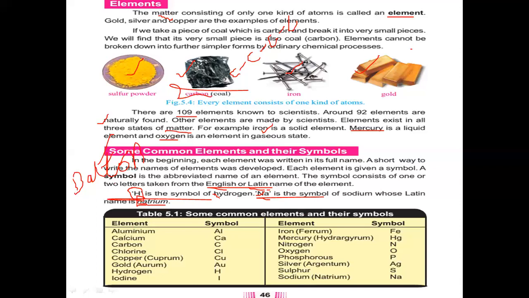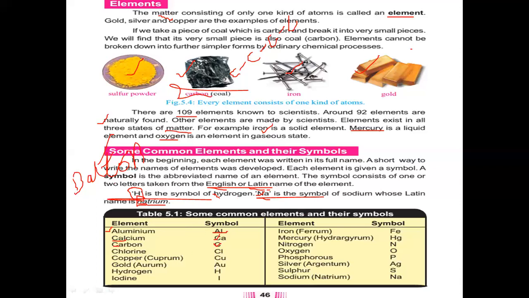If you see here, there are some elements and their symbols. Aluminium, its first two letters are Al. Calcium is Ca. Carbon is C, that's the first letter.